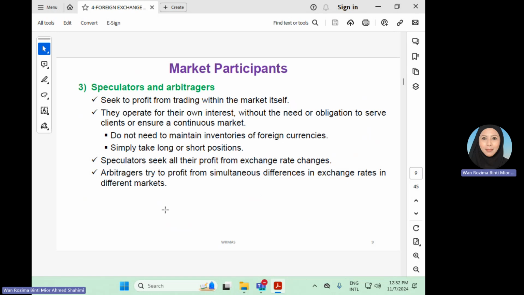They do not need to maintain inventories of foreign exchange. They simply take a long or short position, whether to sell or to buy. And the difference between speculators and arbitrageurs, I think you know it already. Speculators seek their profit from exchange rate changes from period A to period B, and they are willing to wait, hoping their expectation is correct.